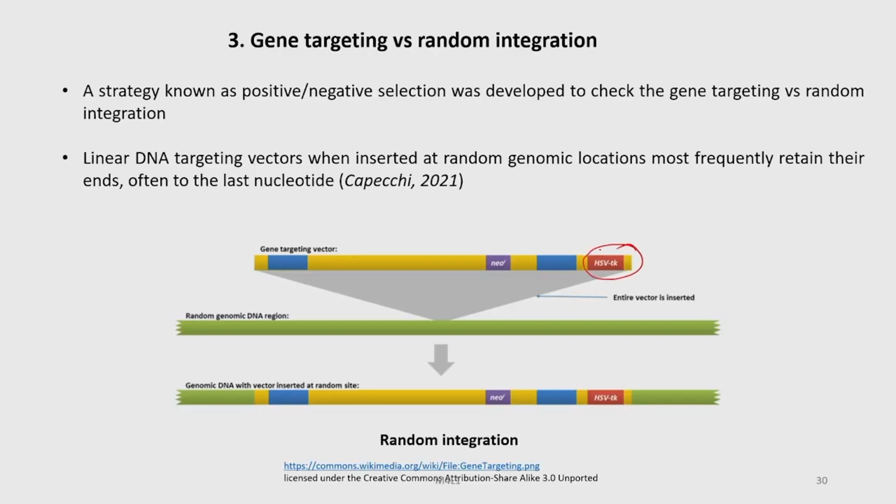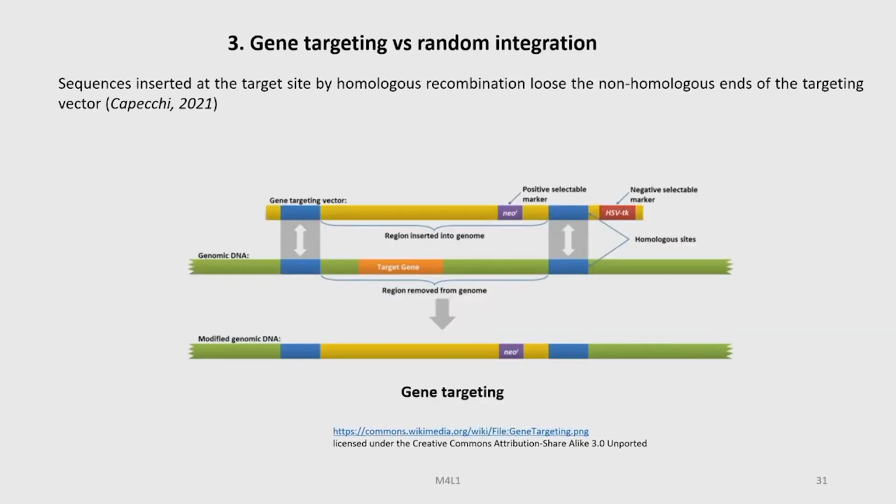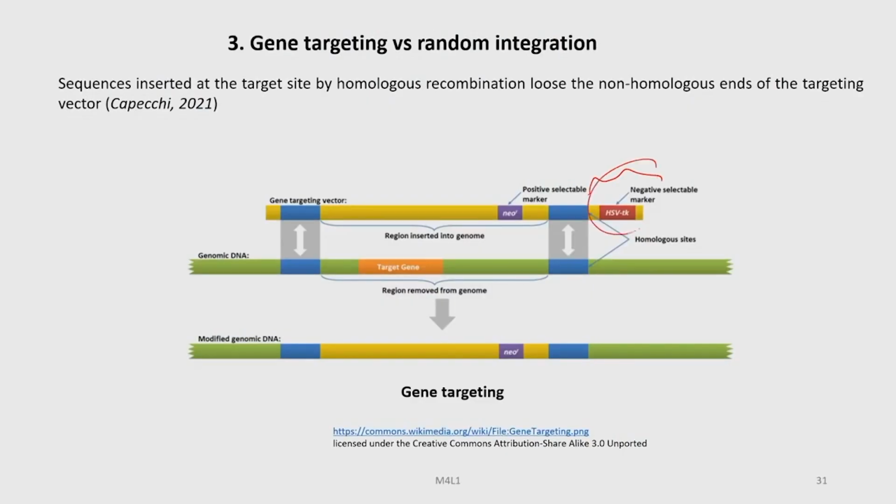So, you can see the last nucleotides on both the ends, and these have been included in this insertion. Sequences inserted at the target site by homologous recombination, on the other hand, lose the non-homologous ends of the targeting vector. So, this part is the non-homologous end, and these are not included in the final product.